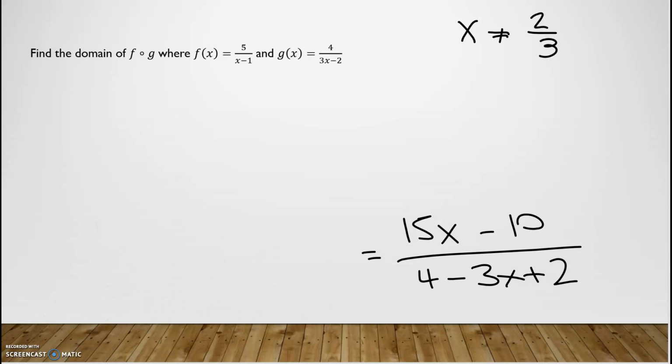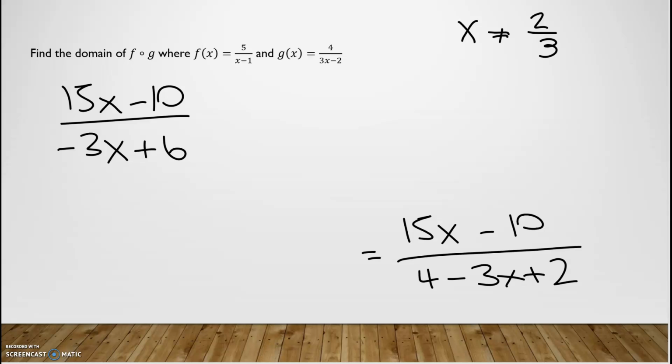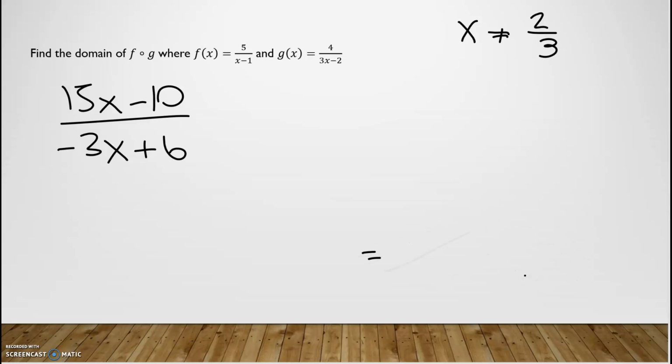Okay, so then we're going to have 15x minus 10 all over negative 3x plus 6. Now this is the composition f of g, this function right here. Now what we need to do is define the domain for this one.